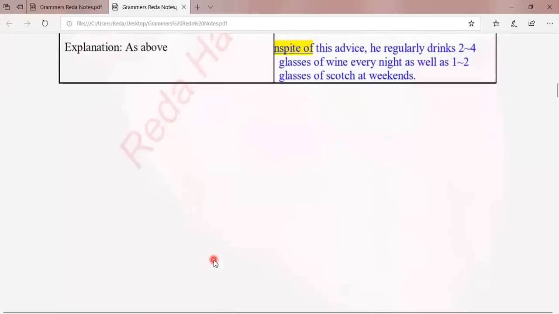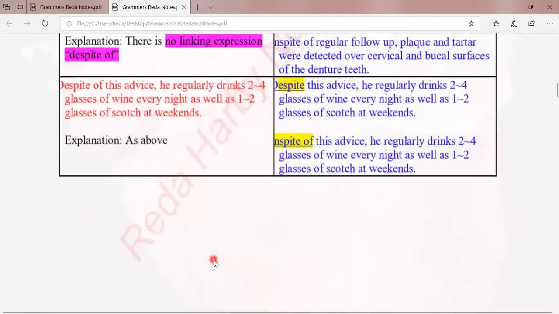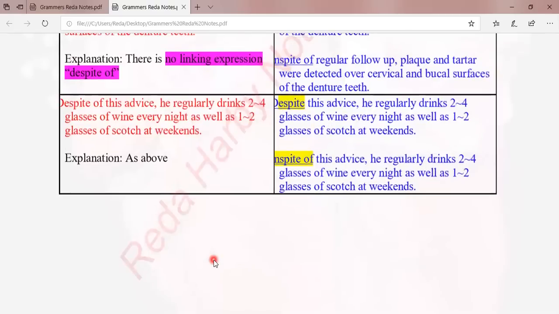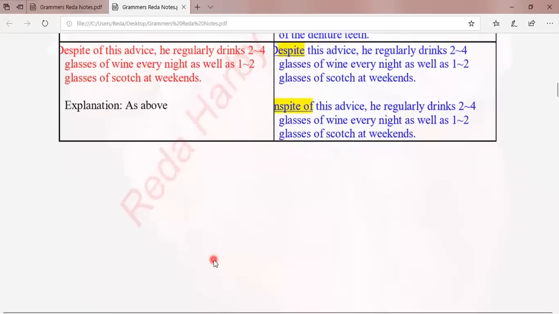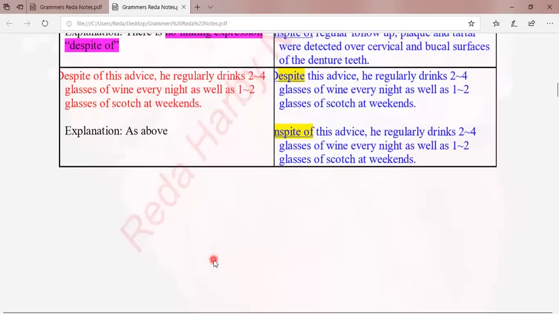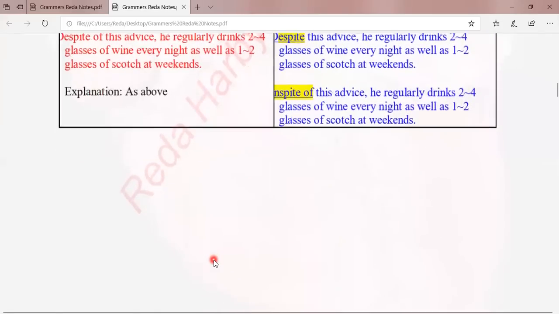In spite of or despite. Despite this advice, he regularly drinks about 2 to 4 glasses of wine every night, as well as 1 to 2 glasses of scotch at weekends.